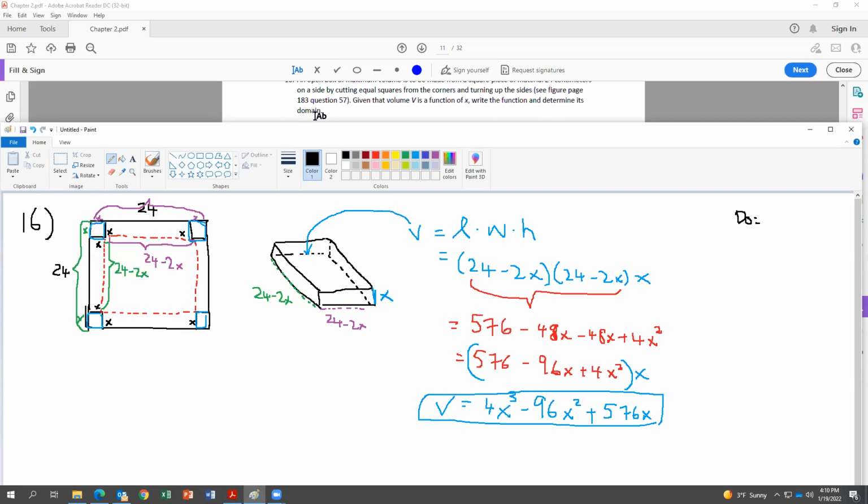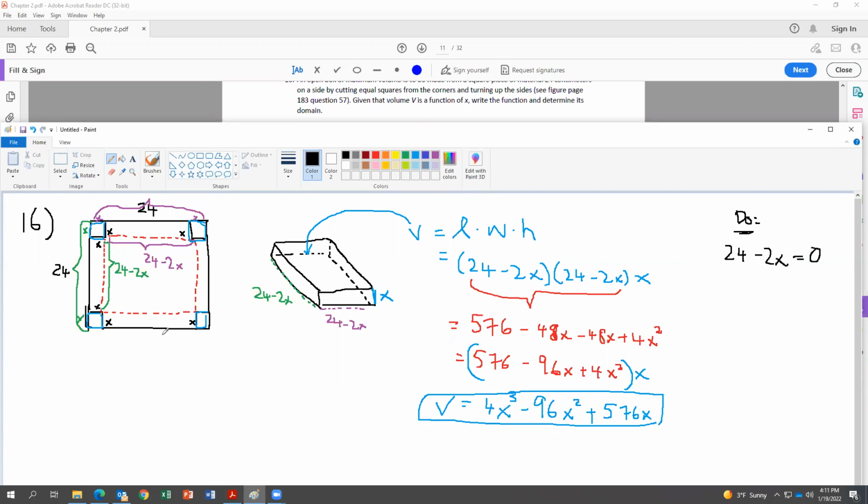And now they want you to figure out what the domain of this is. In order to find the domain, you take the smaller pieces and solve for x. Since these are the same length, 24 and 24, you just take 24 minus 2x equals 0. What happens if one is 24 and one is 16?